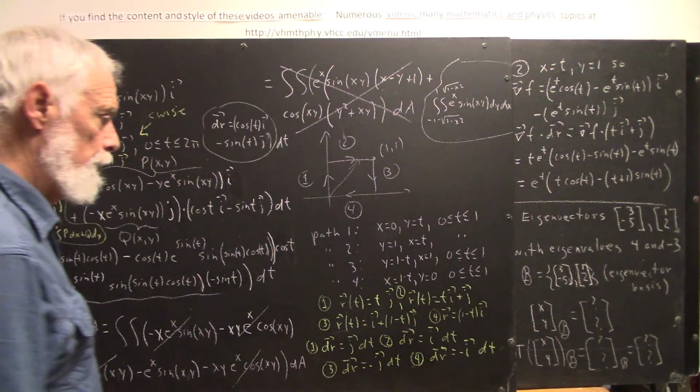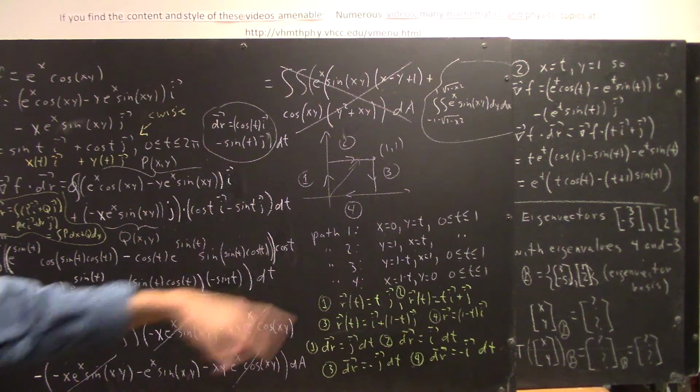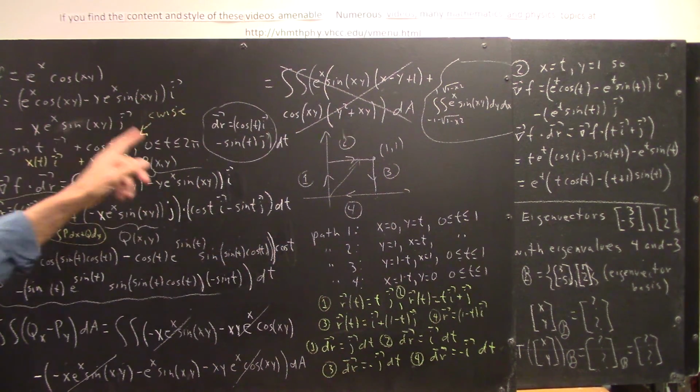So what we're going to say is, on that part of the curve, all our x values are going to be replaced by t, because x equals t. And y's are always 1, so all our y's get replaced by 1.